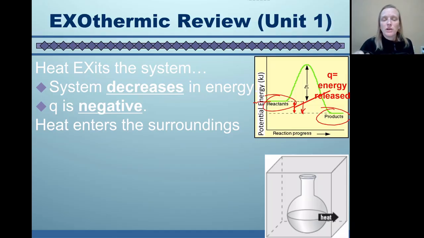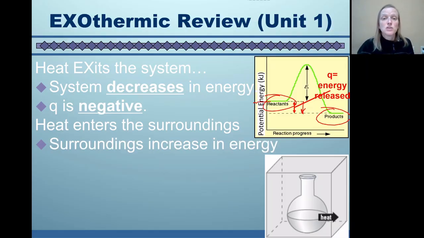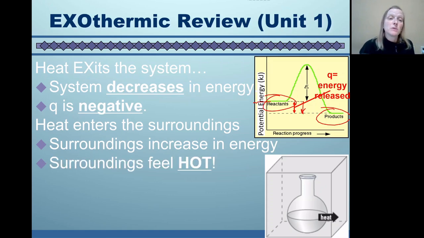Energy in general cannot be created or destroyed. So that energy has to go somewhere and it exits the system as heat and goes into the surroundings. So the surroundings increase in energy, and that's why exothermic reactions feel hot. The quintessential example of this would be combustion reactions. Those feel hot, and so those are a good example of exothermic.